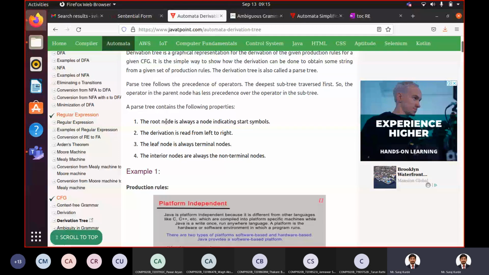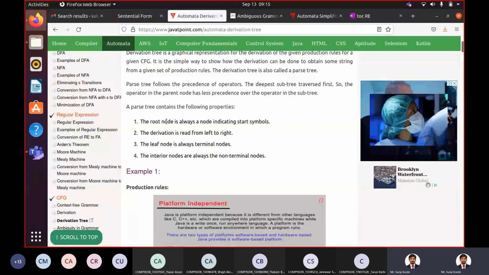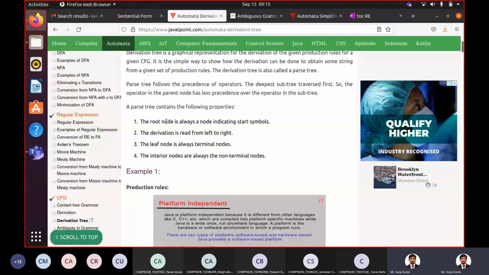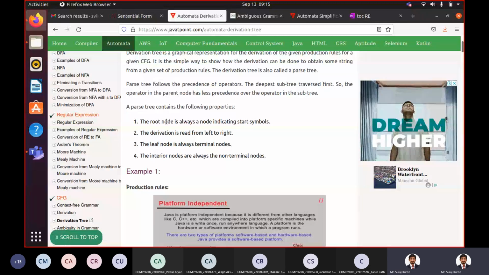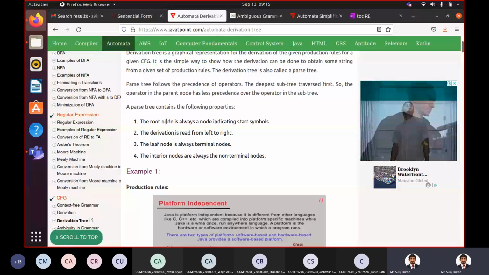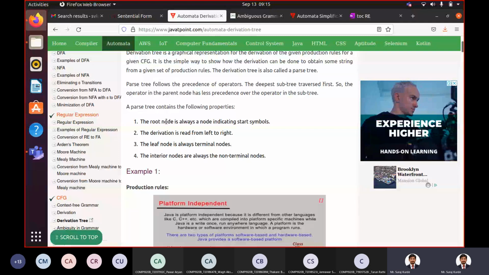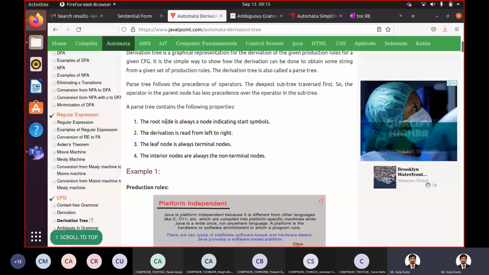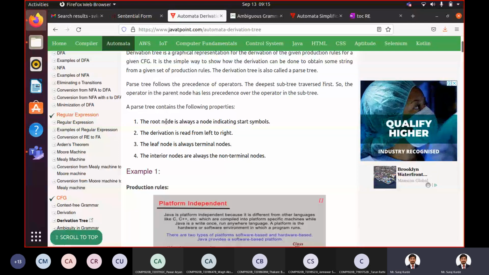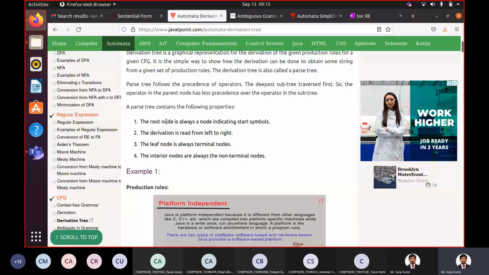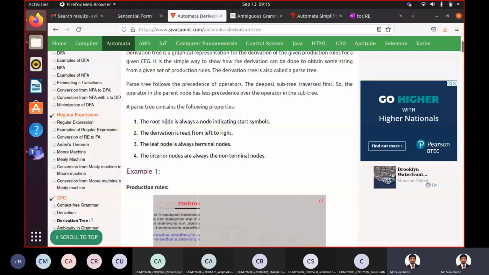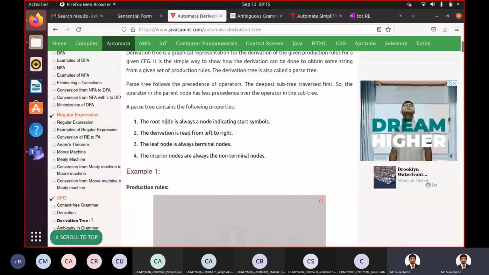A leaf node is always a terminal. At the end, whatever node does not have any child node is a leaf node, and it is always a terminal, not a non-terminal. Non-terminals will be further expanded, but terminals cannot be expanded, so terminals are always at the leaf nodes. Interior nodes are always non-terminal nodes, not terminals.